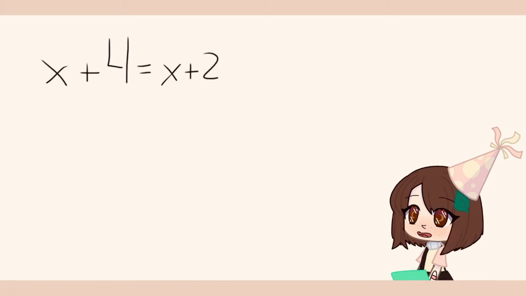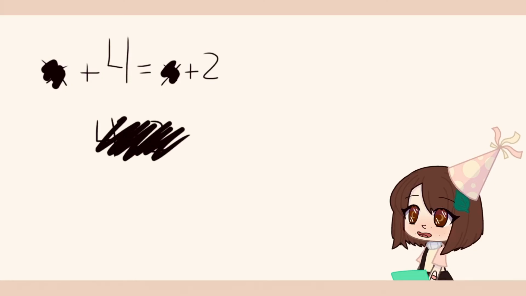This is going to be a very simple one, but basically the x and the x would cancel out. So both x's would cancel out, which would leave you with a false statement, that is that 4 equals 2. And it does not. It doesn't equal 2. That'd be a false statement, but there's no other way you can get a different answer, so that means that this has no solution.